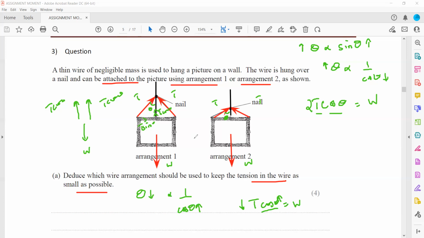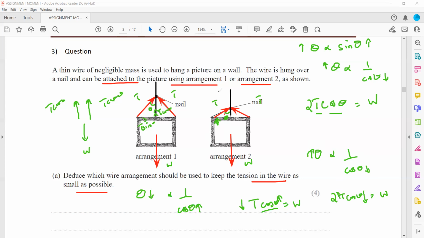But for arrangement 2, theta is large or big. When theta is greater, the value of cos theta will be small, and 2T cos theta is equal to W. So if cos theta is small, T should be large.